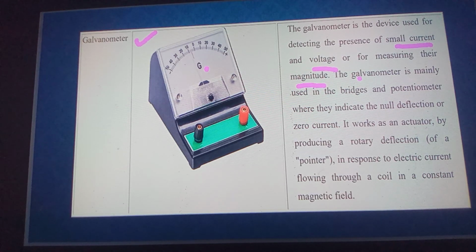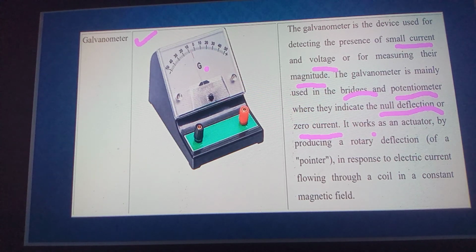So this galvanometer is mainly used in the bridge and the potentiometers, where they indicate the null deflection or zero current.